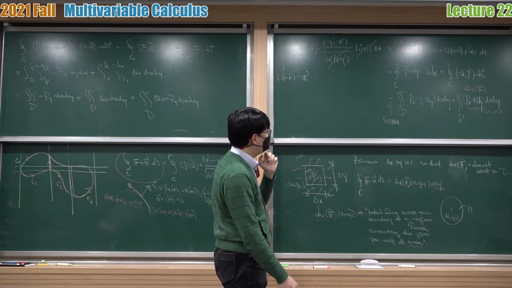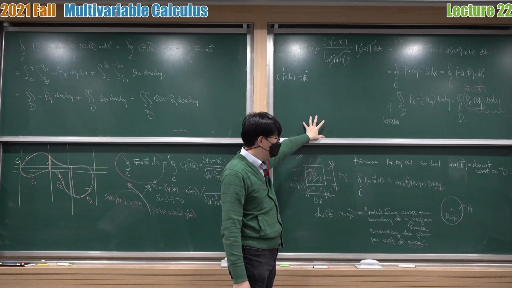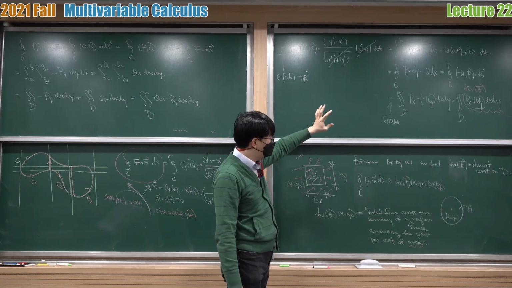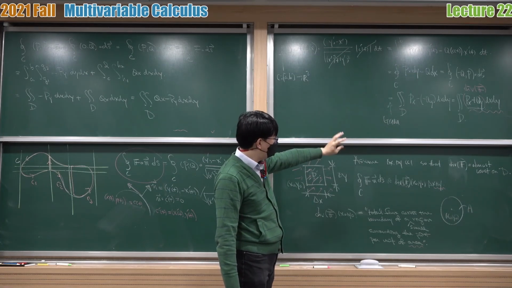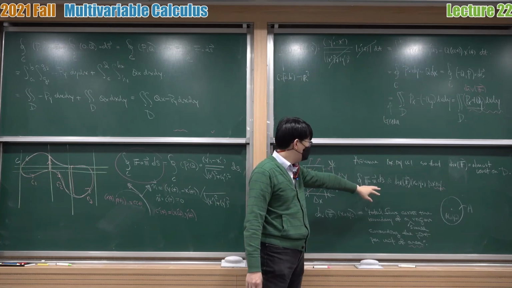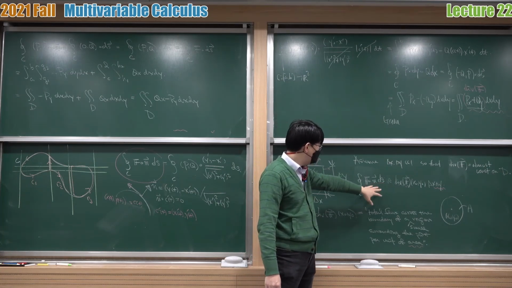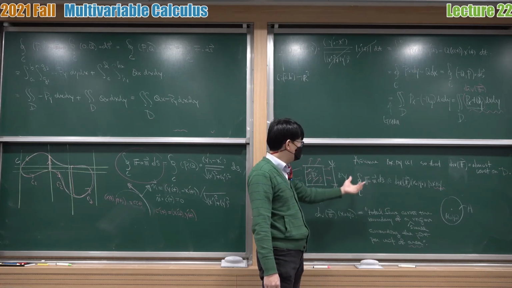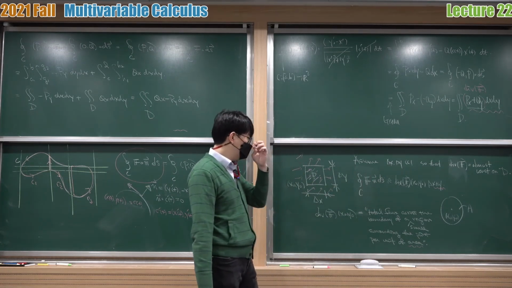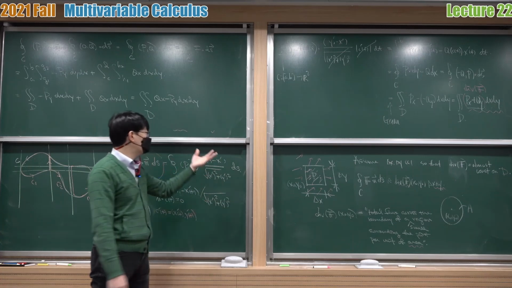So we talked about Green's theorem. Let's summarize. Using Green's theorem, we talked about the meaning of the flux, how to compute the flux across a closed curve, and the meaning of the divergence.